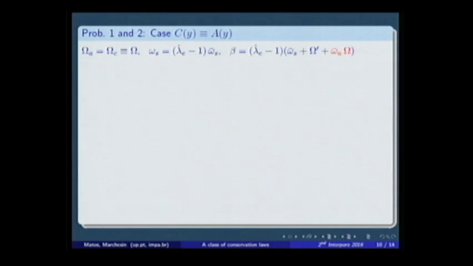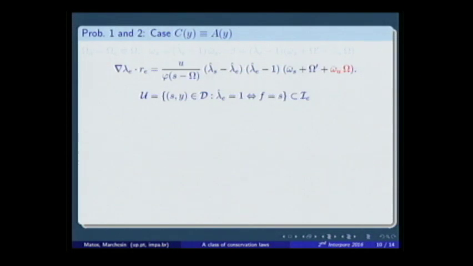Here, omega A and omega C are equal, so I call it just omega. And something similar occurs to the case C equals 0, that is, something can be factorized here. And now it's lambda E minus 1. This is in red because in problem 1 this does not appear, and in problem 2 this term appears here.